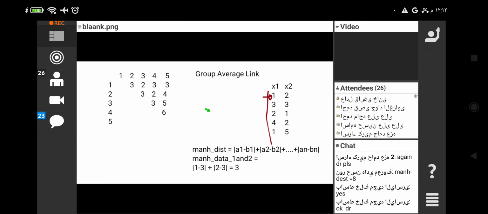Now we come to the algorithm. The algorithm says find the nearest data. What is the nearest data in this matrix?